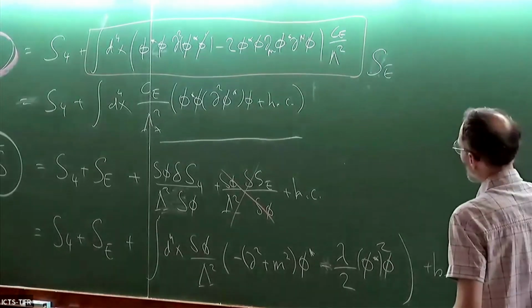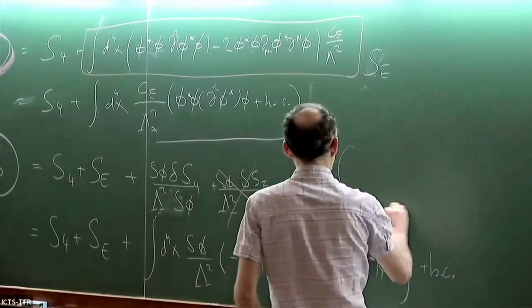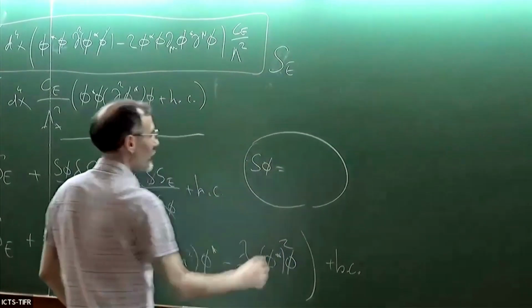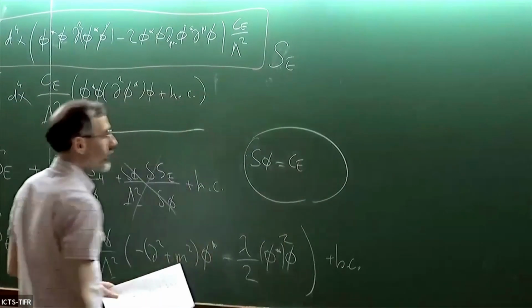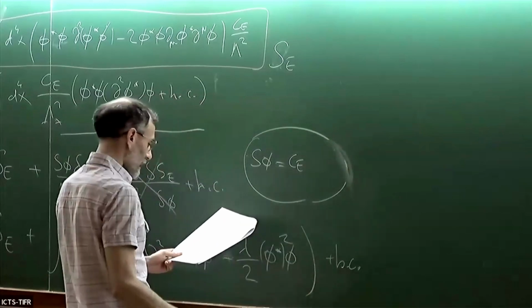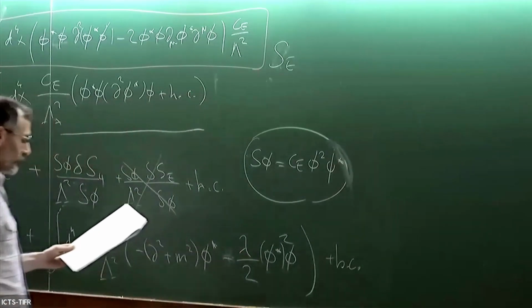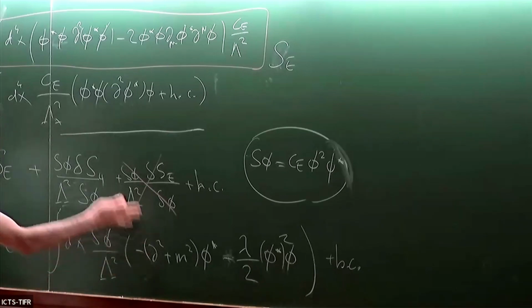Well, the choice is delta phi, just 3 powers as I was saying, and it's just CE, that coefficient, so it cancels out, times phi squared phi star. It's a bit of algebra, but hopefully you can follow the spirit, which is to use that to cancel that other one.